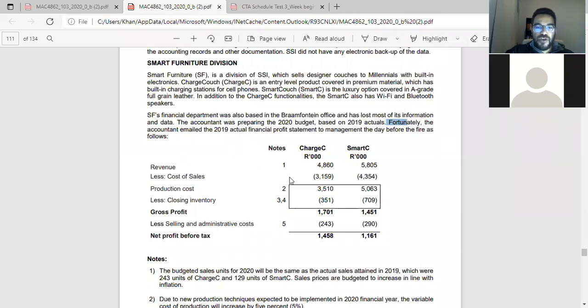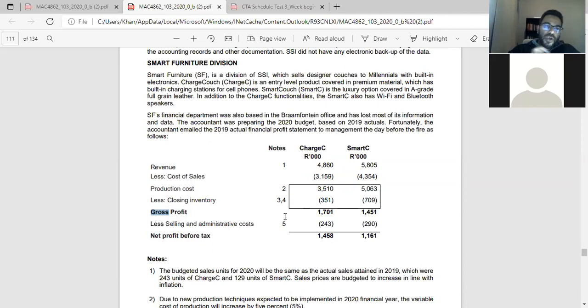We have revenue, in rand thousands, and we must look at note number 1. Here we have cost of sales, made up of production costs and closing inventory. Then we have gross profit. Then we have selling and administration expenses, and we have net profit before tax. So there's note 1, note 2, note 3, note 4, and note 5.